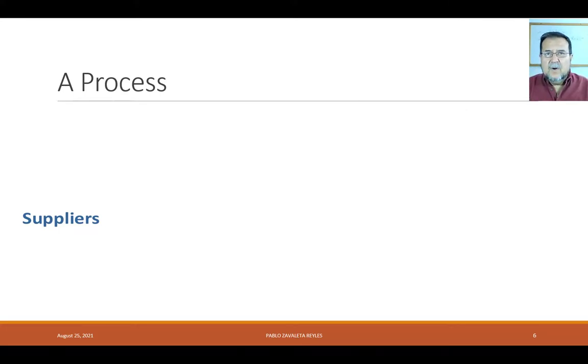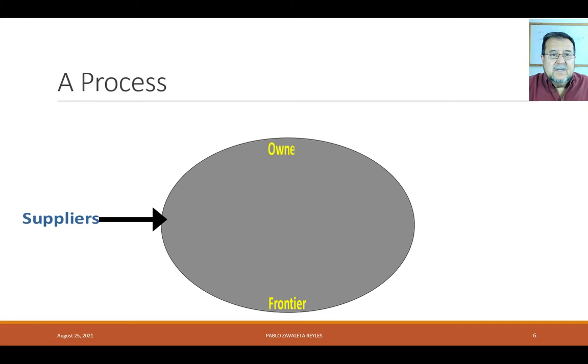If we're talking about a process, we have inputs, the transformation, and the outputs. And the inputs are given to us by the suppliers. The suppliers give their supplies to the process, and then we have the clients to which we deliver our outputs.